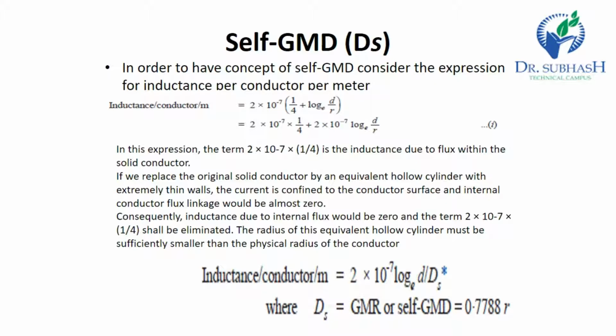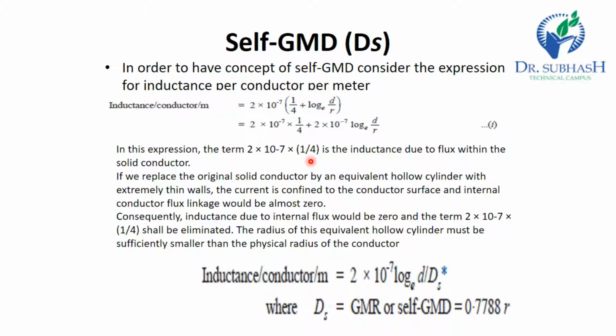The inductance per conductor per meter is equal to 2 into 10 raised to minus 7 into (1 by 4 plus log d by r). Now, to simplify equation 1, the term 2 into 10 raised to minus 7 into 1 by 4 is the inductance due to flux within the solid conductor.